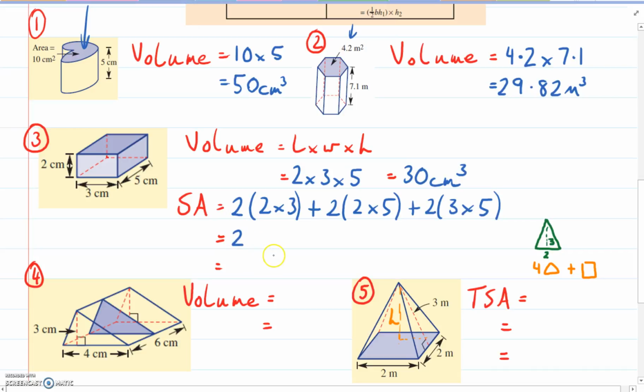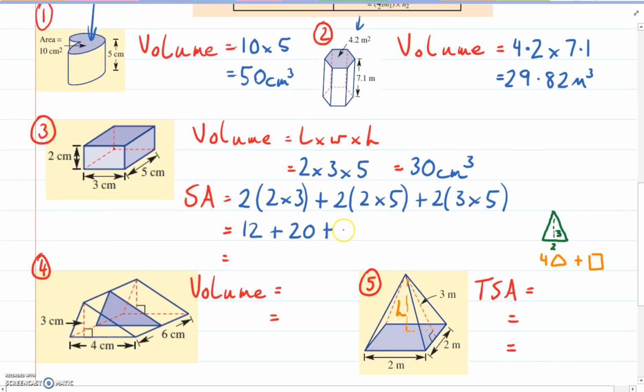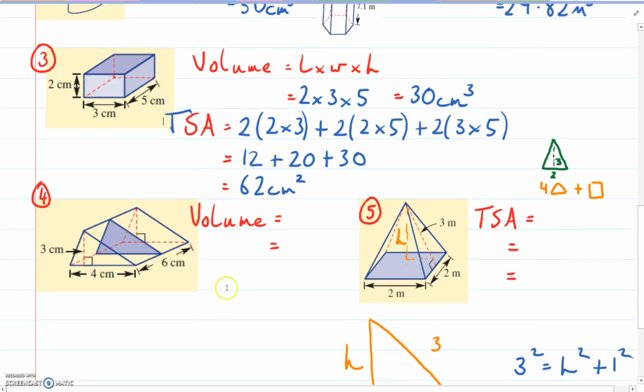And that becomes 2 times 6, which is 12, 2 times 10, which is 20, and 2 times 15, which is 30, and that is 62 centimeters squared. Again, it's squared because we're talking surface area, or you might see total surface area as well. So we've got the volume and total surface area of that shape.